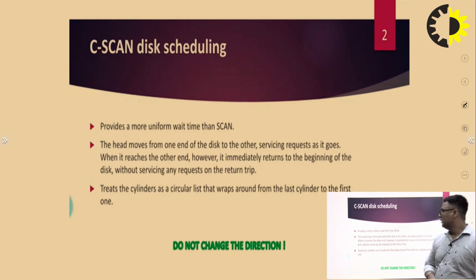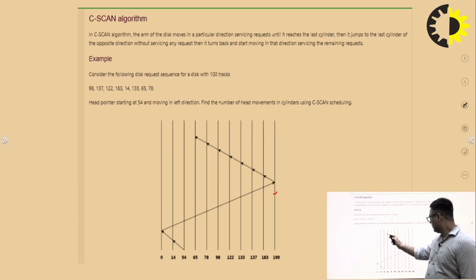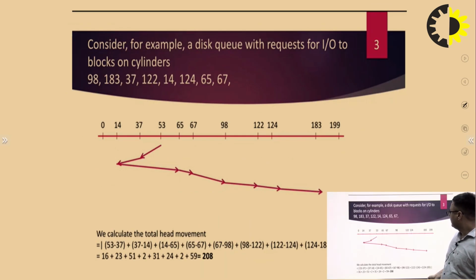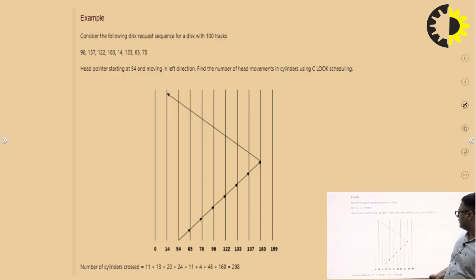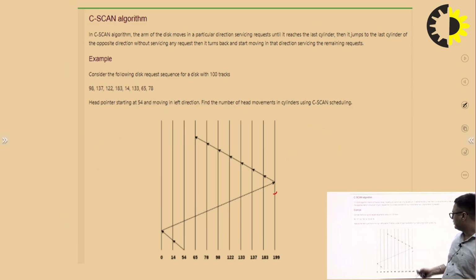C-SCAN, circular scan condition. Basically you move to the last position, then move again to the initial position, and then entertain the values one by one. I have to make this clear through this example.